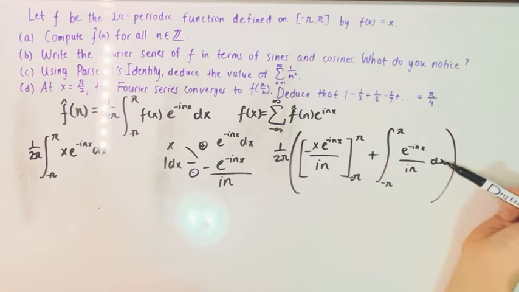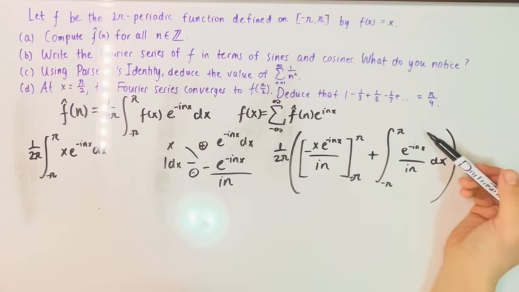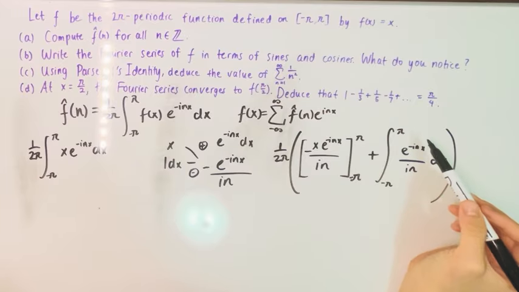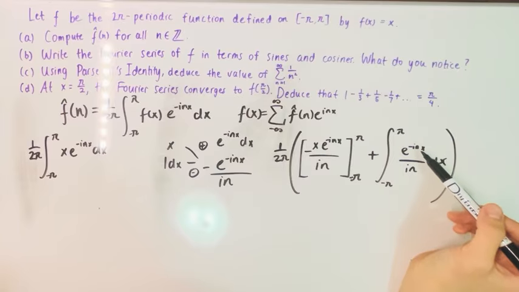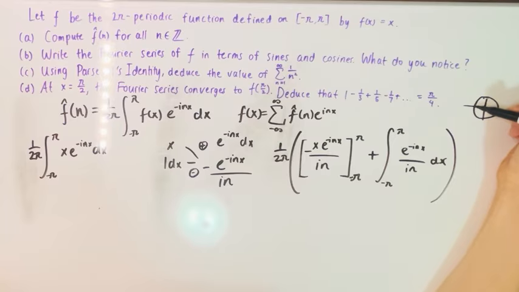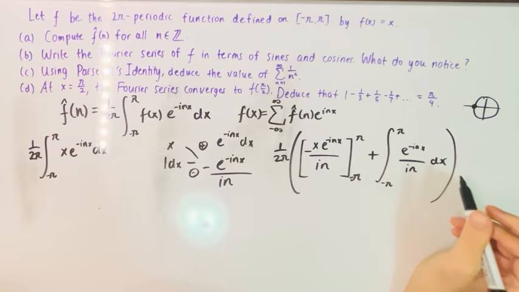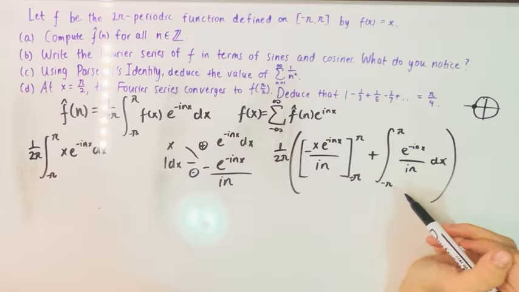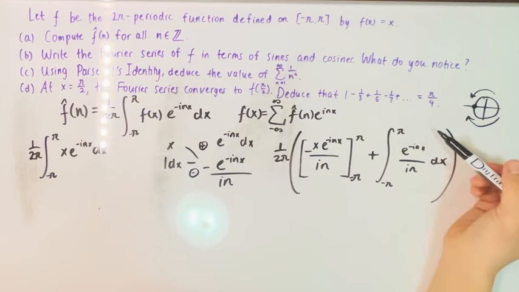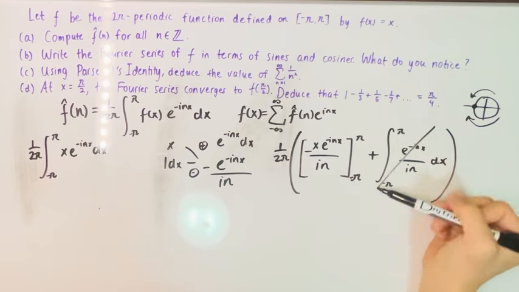Okay, and notice that when we calculate this, this is just going to cancel because we have e to the negative pi i n, so just draw a unit circle, is here. And then e to the pi i n, where n is an integer, is also going to be here because pi and then negative pi give you the same thing. So this is just going to cancel, and there's no x in the denominator.